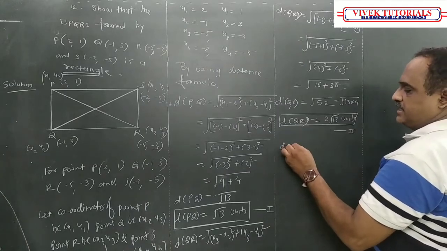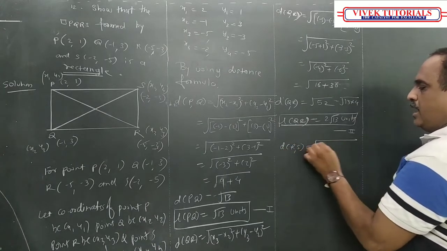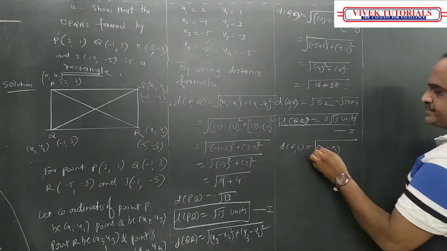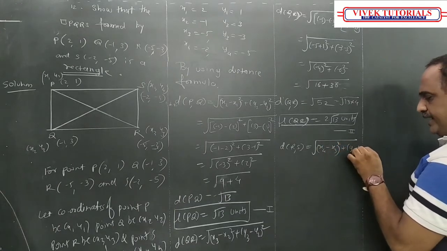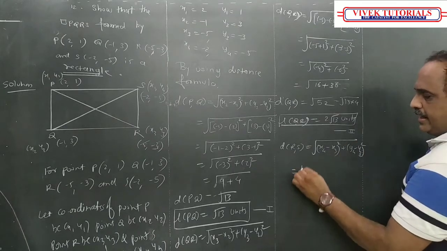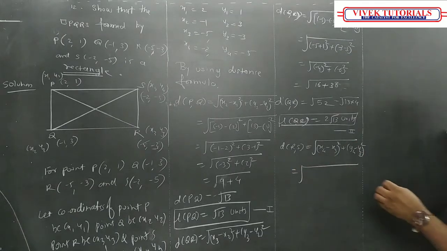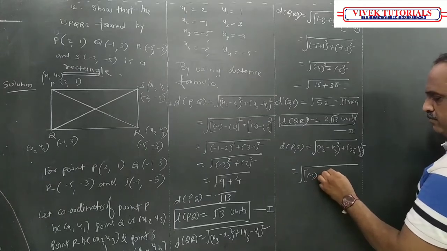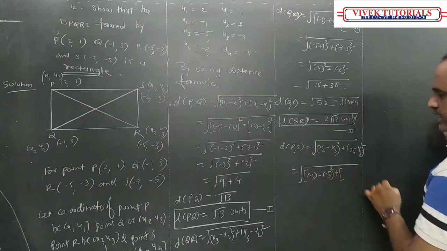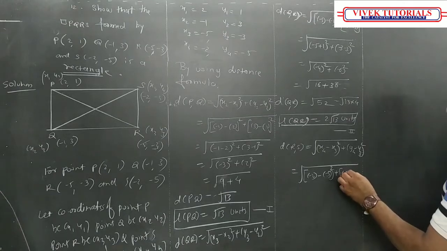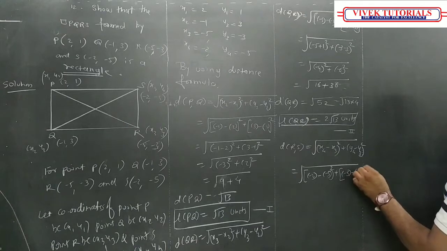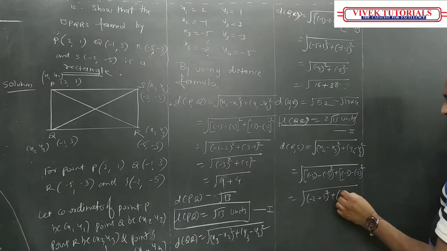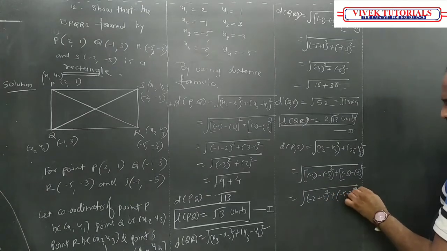So distance RS is under root (x4 minus x3) the whole square plus (y4 minus y3) the whole square, that is under root (-2 minus -5) the whole square plus (-5 minus 3) the whole square, that is (-2 plus 5) the whole square and (-5 plus 3) the whole square.